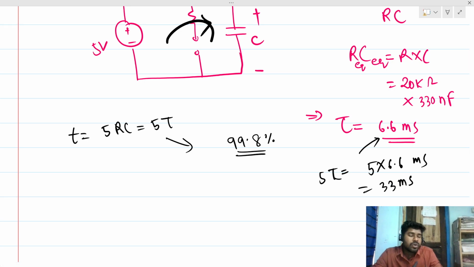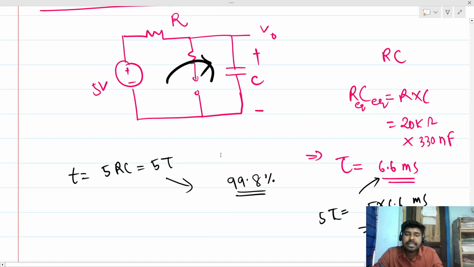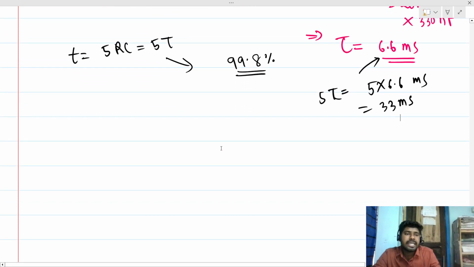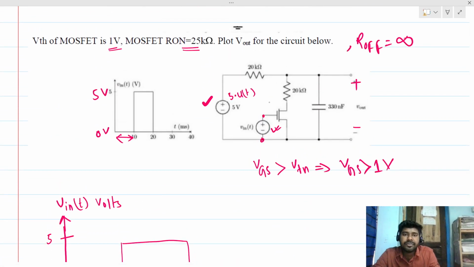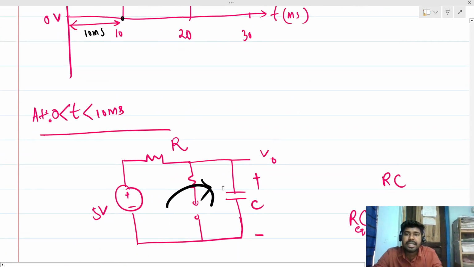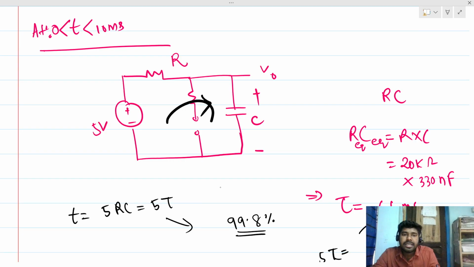To almost reach 5 volt, it needs 33 millisecond. But here the time is only up to 10 millisecond, so the capacitor cannot be charged to 5 volt.